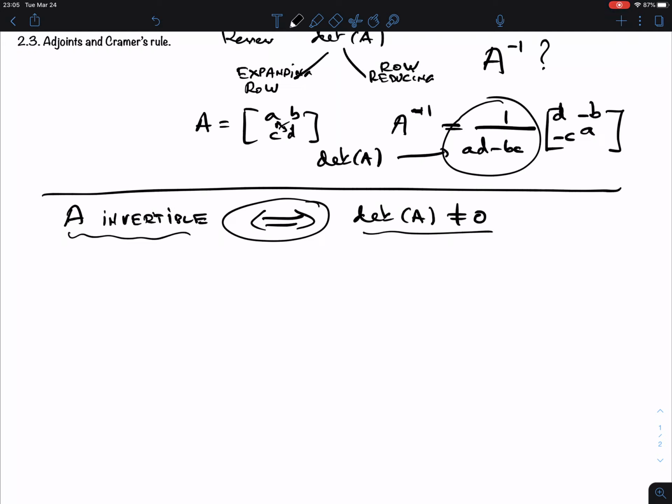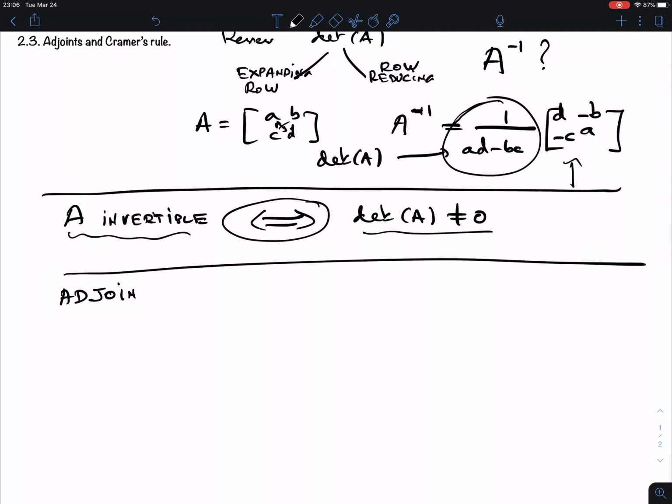So this is about this determinant, but what is this other matrix? Where does this come from? And you'll see this is what we will call the adjoint of a matrix. So I'm going to define the adjoint of a matrix. I'm going to write this adj of A. And the definition is, I'm going to write it in words, but I'll work it out and you'll see what it is.